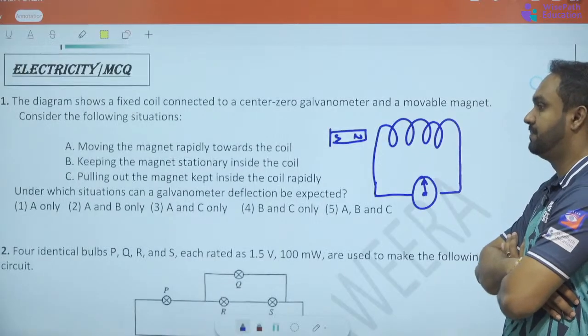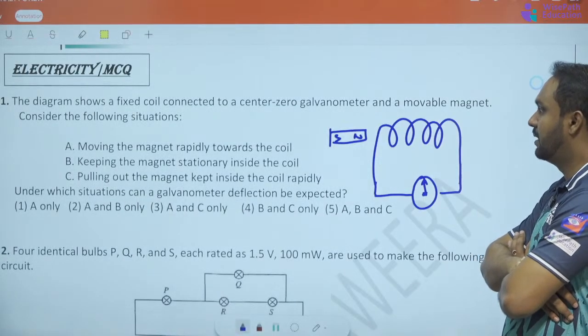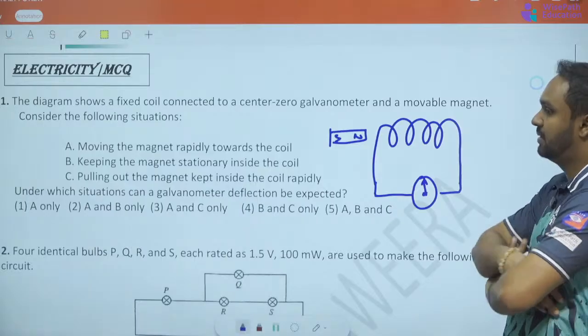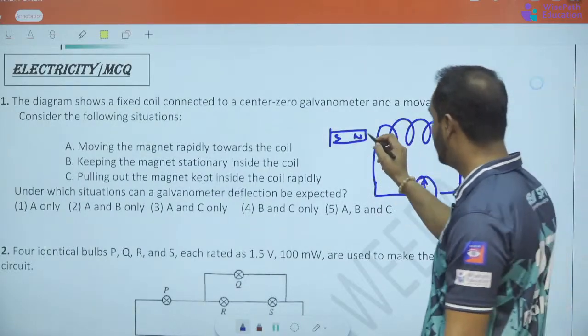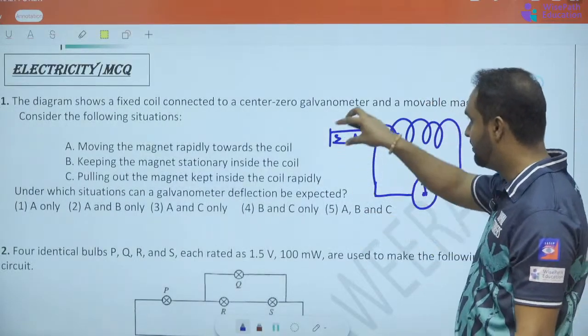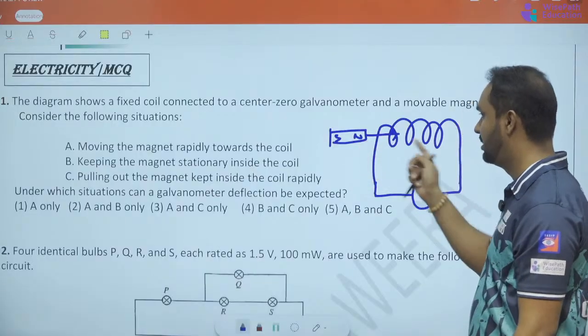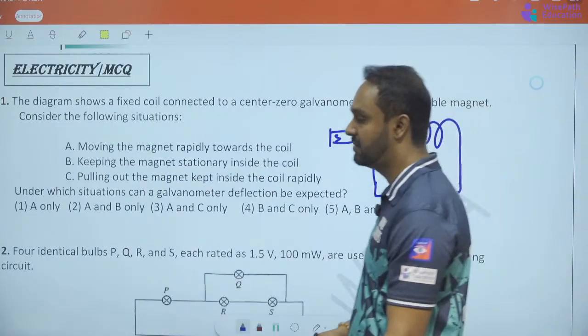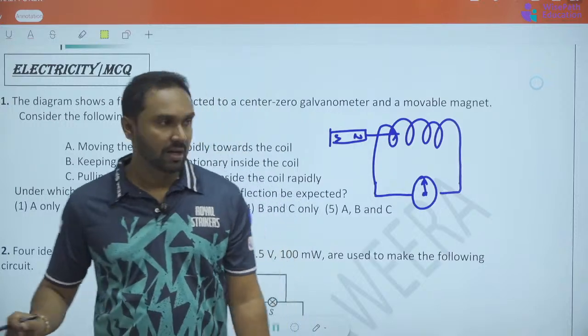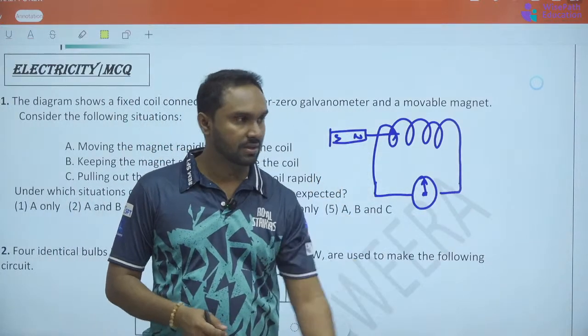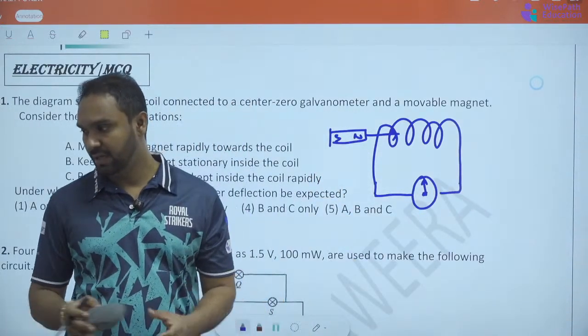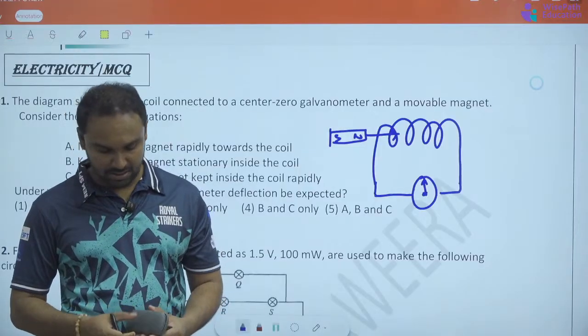So think about it. When you move the magnet in, the magnetic flux through the coil will change. And if you take it out, the same will happen.